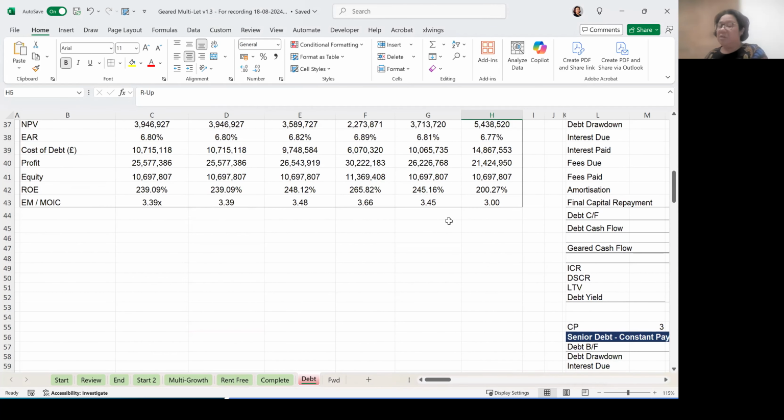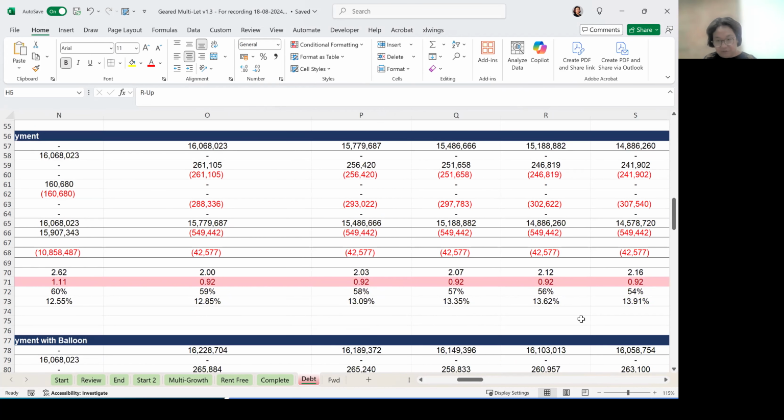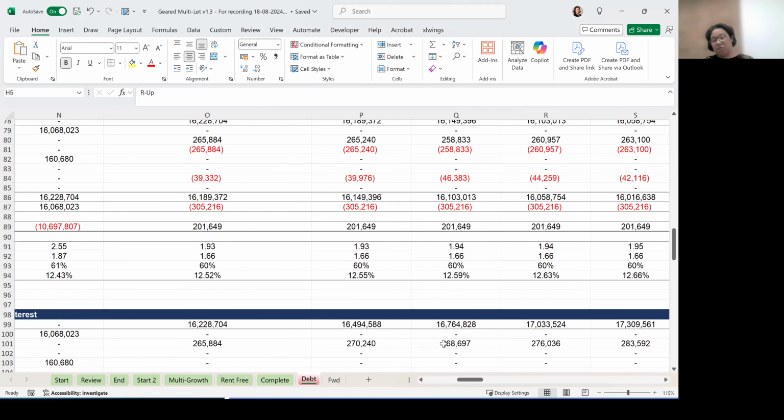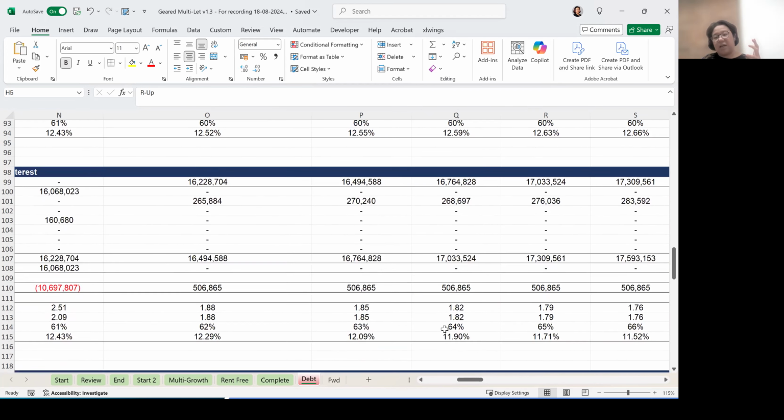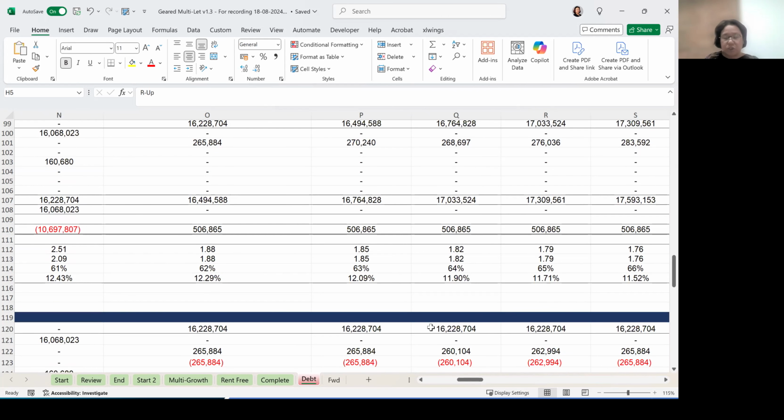Would you usually be looking to achieve lower interest rates as you de-risk the development? Yes, but you can't keep negotiating your interest once you need to get a loan in the beginning, because the lender would say, I'm going to give you the loan for you to complete this development. So even though you're trying to achieve lower interest rates, it is not always possible. The way to achieve lower interest rates is when you refinance at the end.